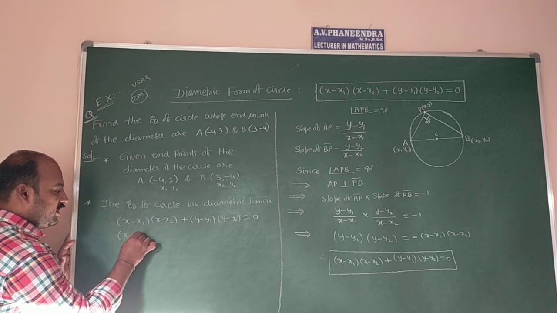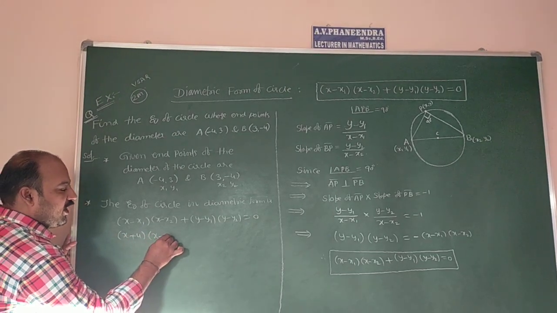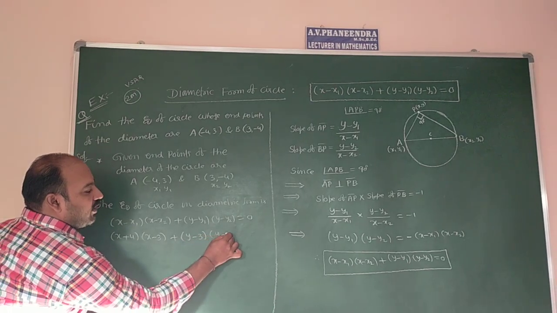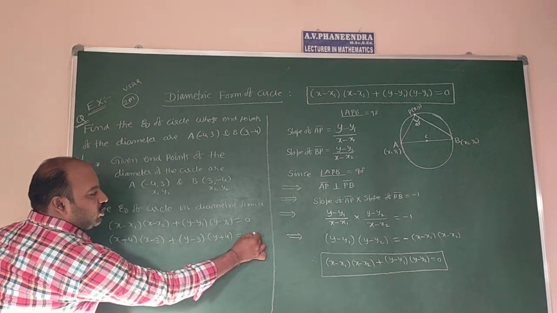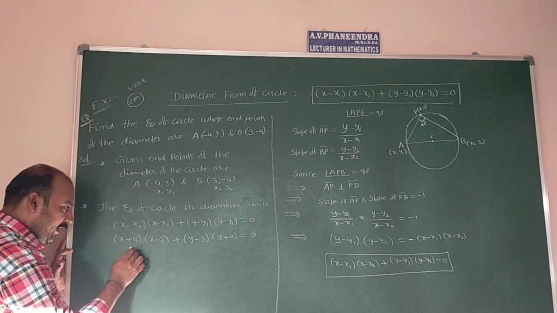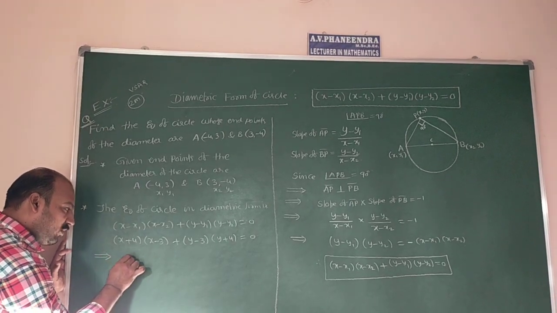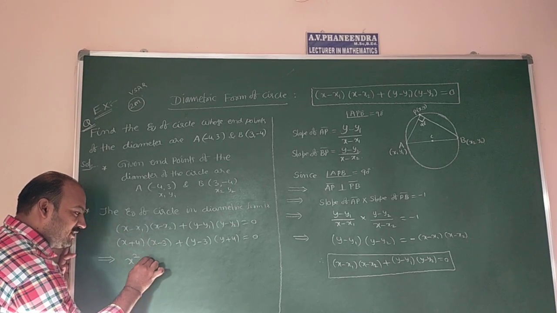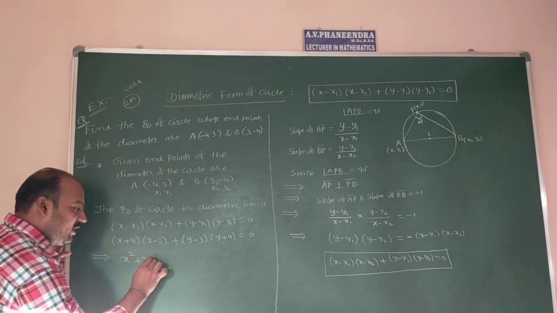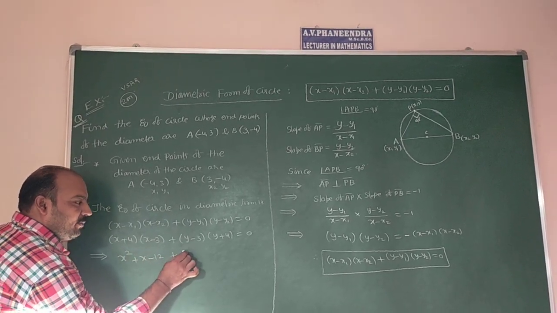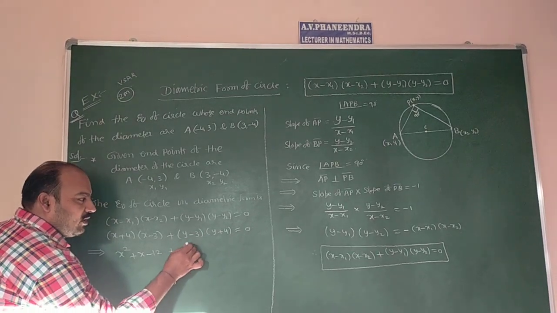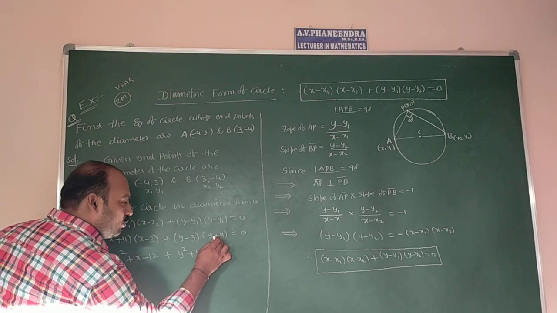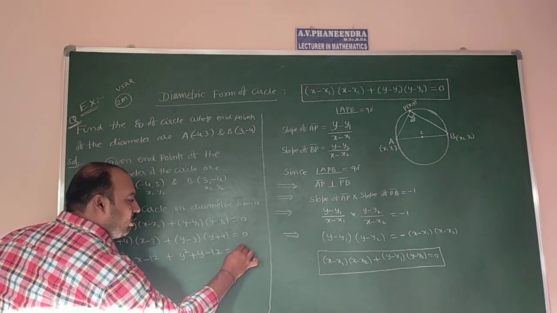X minus of minus 4 into x minus 3 plus y minus 3 into y minus of minus 4 equal to 0. Actual multiplication: x square minus 3x plus 4x, so plus x, minus 12, plus y square plus 4y minus 3y is plus y, minus 12, equal to 0.